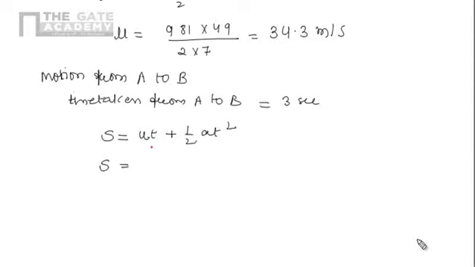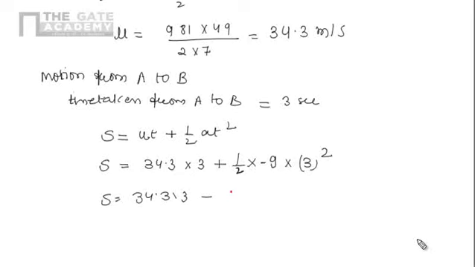Here we have to find out S. U we have already calculated, that is 34.3, in the upward direction, so positive. Time is 3, plus 1 by 2. It's a motion under acceleration due to gravity, so we have to take g, and it's in the downward direction, negative. t is 3, so 3 square. S equals 34.3 into 3 minus 9.81 by 2 into 9.